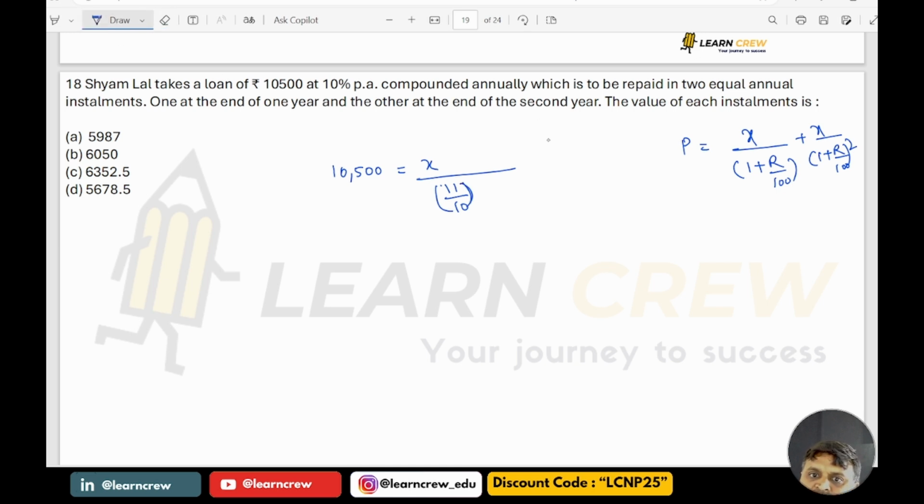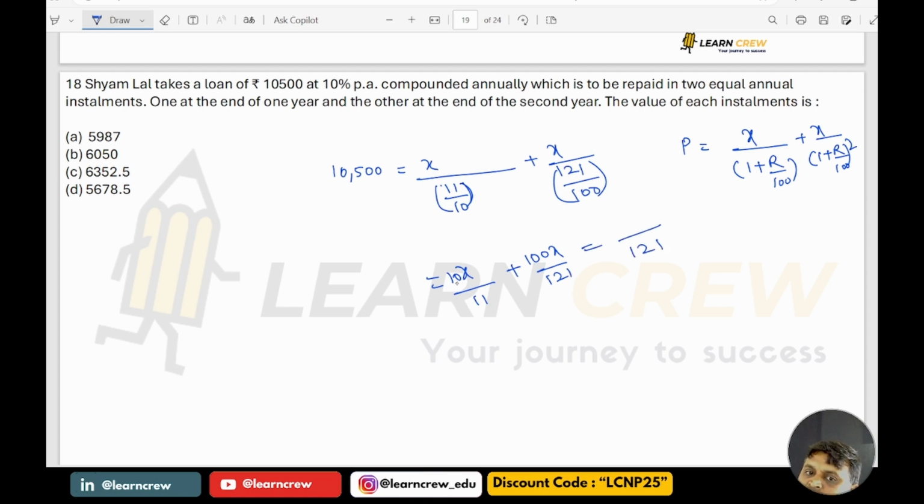Similarly, the second one is X by (11 by 10) whole square, which means 121 by 100. If you simplify this, you will get 10x by 11 plus 100x by 121. If I simplify this, the LCM is 121.